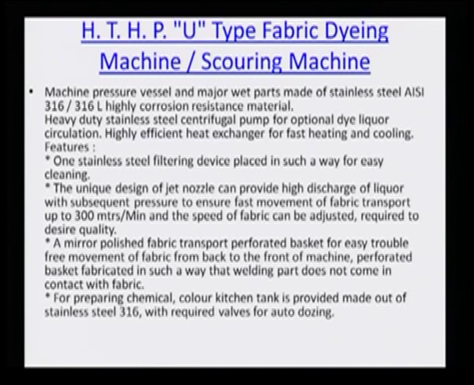A mirror polished fabric transport, perforated basket for easy trouble free movement of the fabric from back to front of the machine, perforated baskets fabricated in such a way that welding part does not come in contact with the fabric. For preparing chemical, a color kitchen tank is provided made out of stainless steel, which requires valves of auto dosing. So, everything is made out of a special non-corrosive 316 variety of stainless steel.